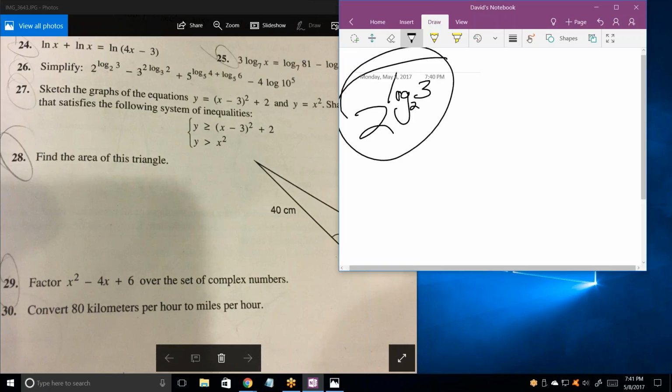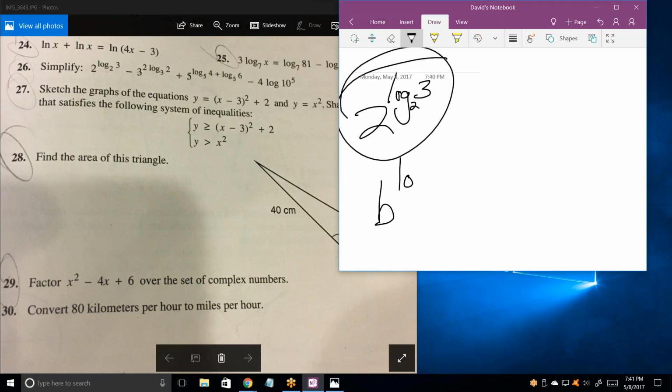What's that equal to? Would that be equal to 2 cubed? It's equal to 3. Wait, but why? Oh, because the log base 2 and the 2 cancel out. Exactly.